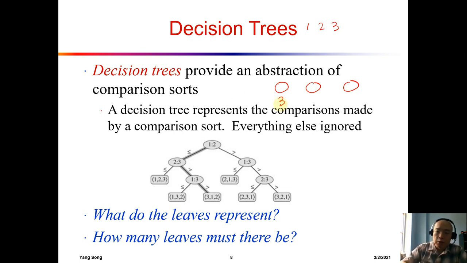After the first slot is filled, how many possible values can be filled into the second slot? Two. And for the last one, we have only one left. So 3 multiplied by 2 multiplied by 1, which is 3 factorial. That's the answer to how many leaves there must be: we have to put in at least 3 factorial leaves in the tree structure.